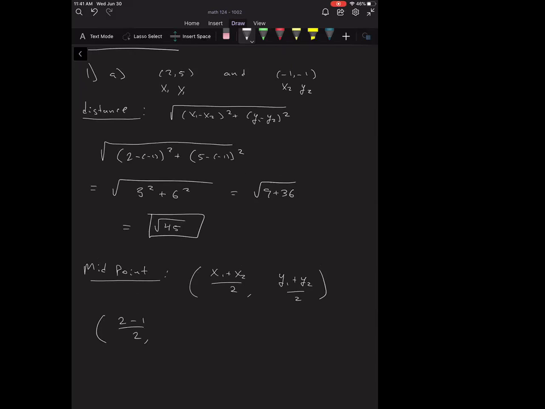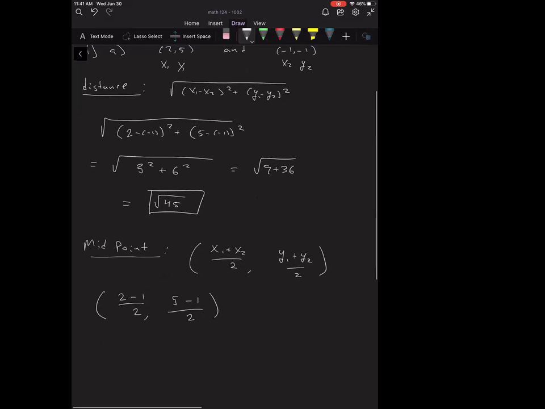Then add up the y values, 5 plus negative 1, which is just 5 minus 1, divided by 2. So this is going to be 1/2, and then 4 divided by 2, which is 2. So there's the distance, and there's the midpoint.